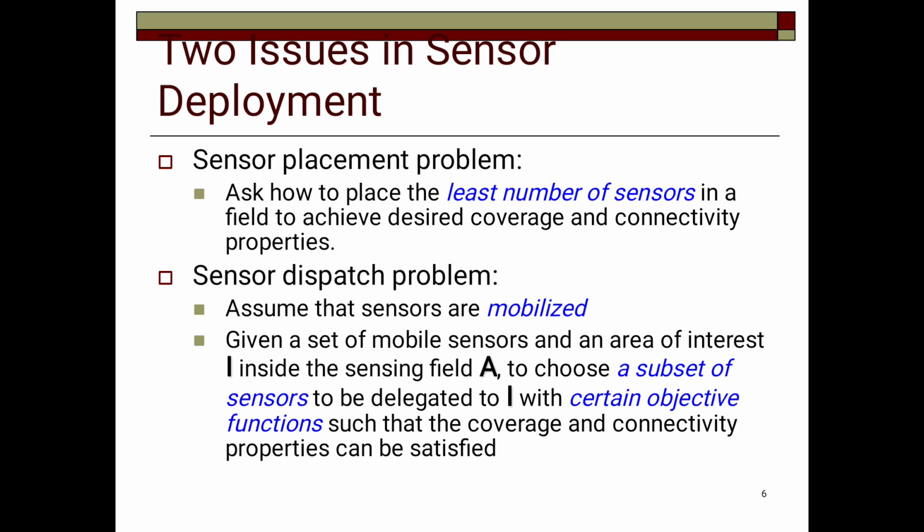In this, there is an area of interest. We need to put some sensors in that area of interest, and this area of interest I is within the sensing field A, such that coverage and connectivity properties can be satisfied.